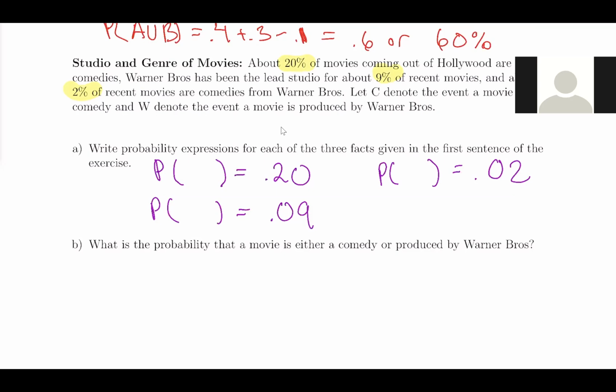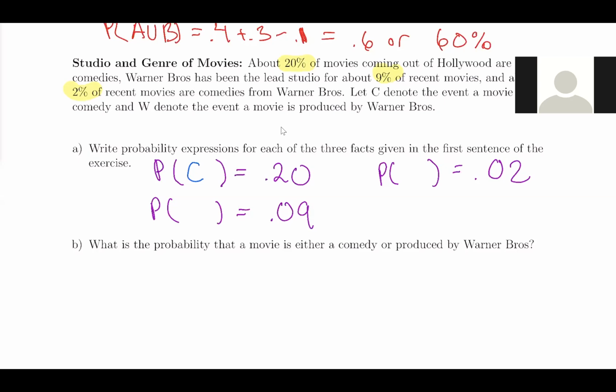So for 20%, what does the 20% represent? If you want, you can put it on the chat. Movies coming out? Well, which type of movies? Comedies. Comedy. So we'll put C here for comedy. All right, what about the 9%?